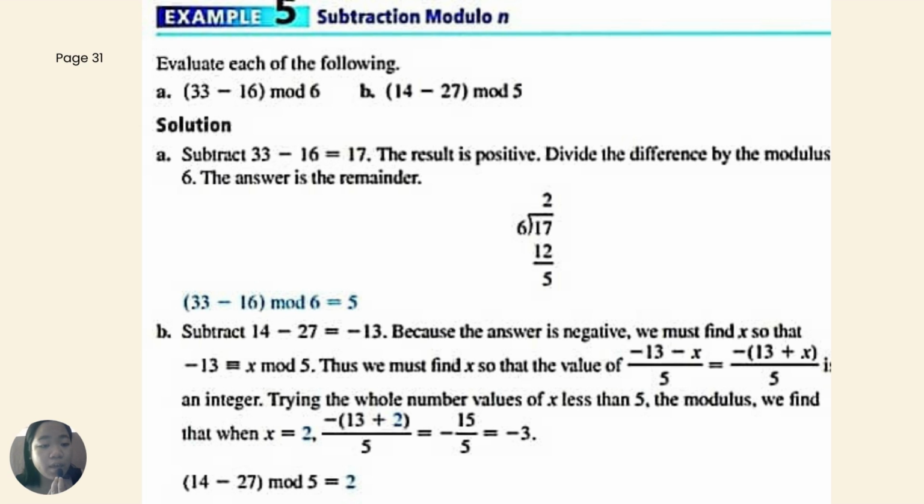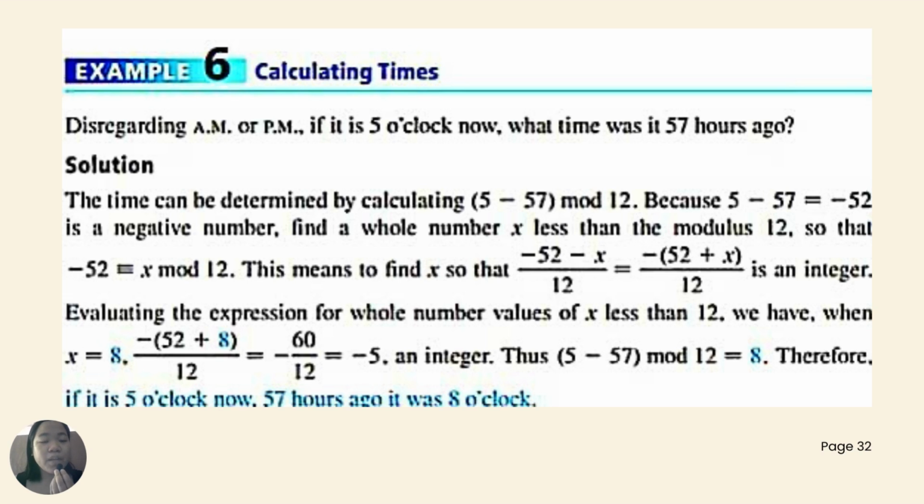So we find that x, kung ang aton x is 2, we will get an integer. Trial and error man gyapon class. So negative 13 plus 2 over 5 is equals to negative 15, and then simplify, we get negative 3. And negative 3 is an integer, so it is our final answer. Okay? Gets? Okay, very good. Lapit na.